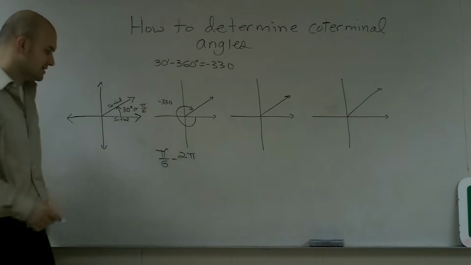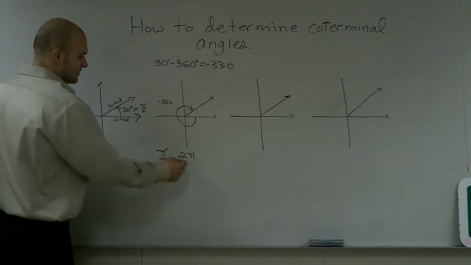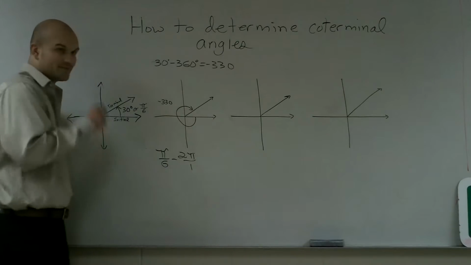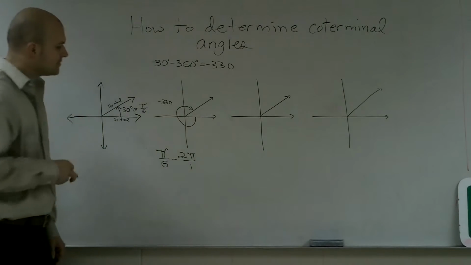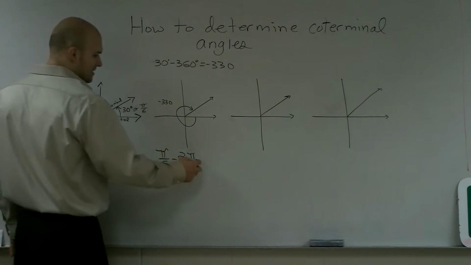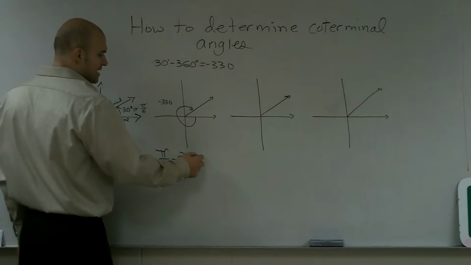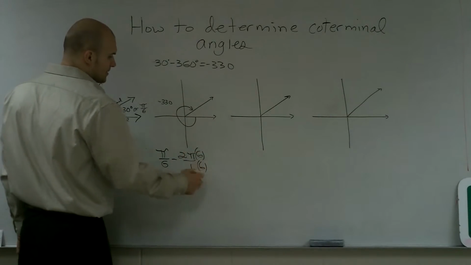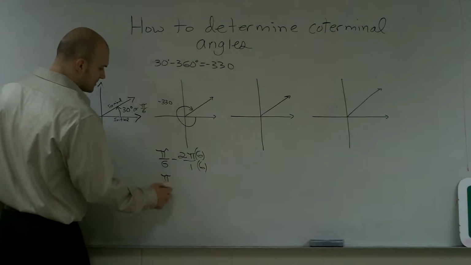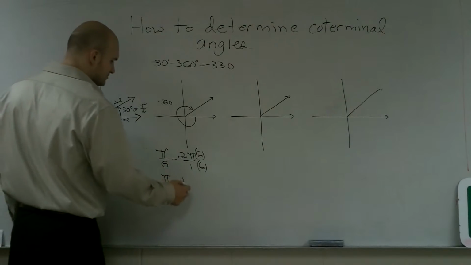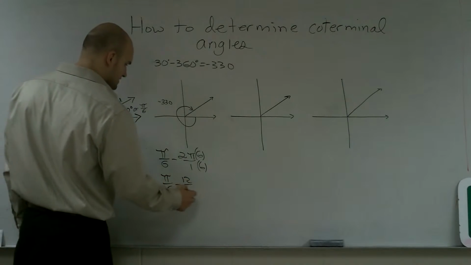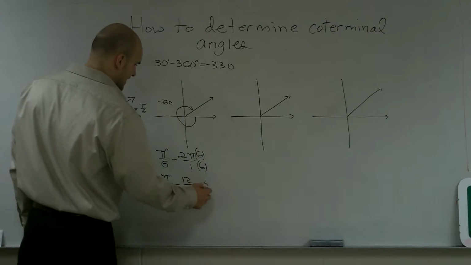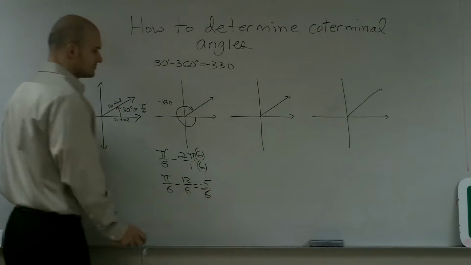The difficulty with this is that now you have to work with fractions, so we have to go back and have some flashbacks from our early algebra days and multiplying by fractions. Since they don't have the same denominators, I have to multiply by 6 over 6. So I get pi over 6 minus 12 over 6, which equals negative 5 over 6.